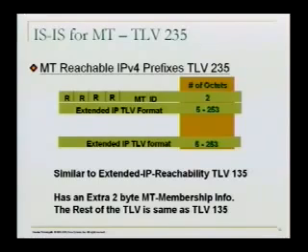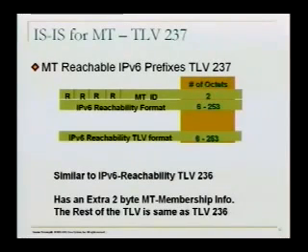Similarly, 235, which is the 135 equivalent, extended IP reachability, has the same format as TLV 135, except that it has 2 additional octets on the top, with 4 bits reserved and the MT ID. This is IPv6 multi-topology, so it's different from TLV 236, which is the normal IPv6 that we just talked about.